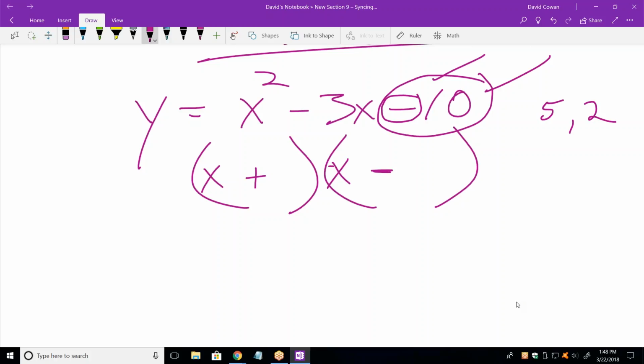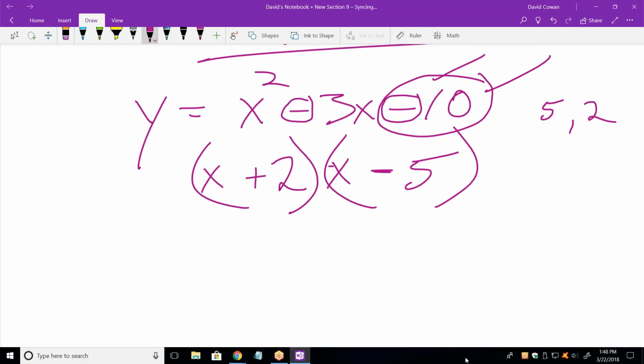Those are factors of 10 that subtract to the number 3. I got it right. Now I have to figure out which side to put the 5 on. Well, put the bigger factor, the 5, with the sign of the middle term. So the 5 goes right there because the sign on the middle term is negative. That leaves a 2 there.